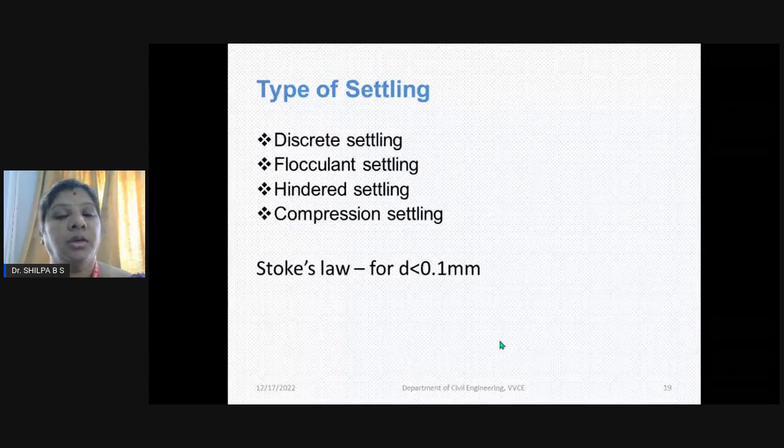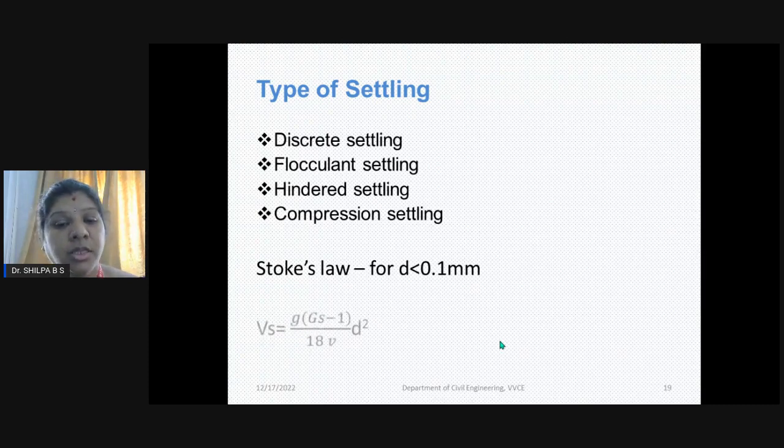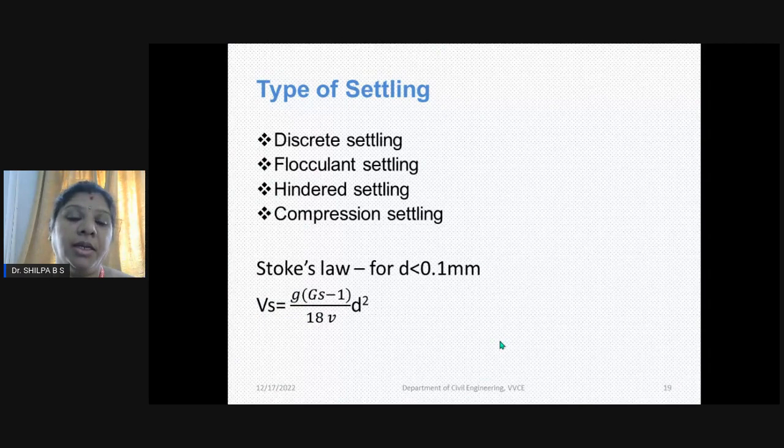As we remember, the sedimentation process is based on Stokes' law. Stokes proposed that depending on the diameter of the particle, the sedimentation process will vary. The settling velocity of the particles is mainly dependent on this relation, which he proposed for various particle diameters.